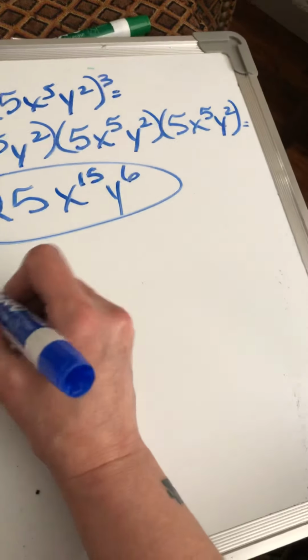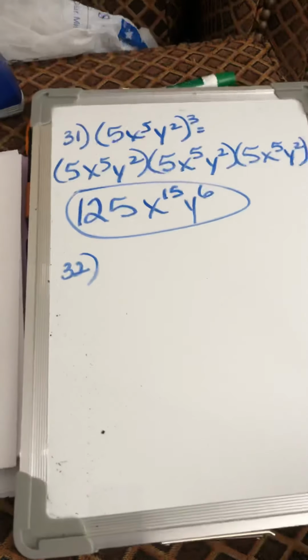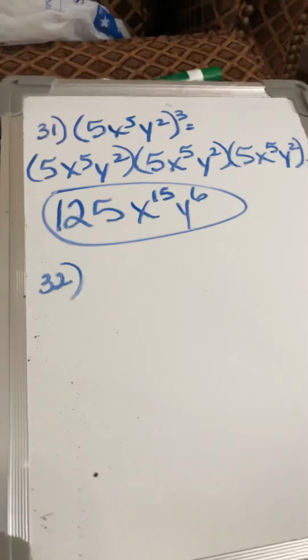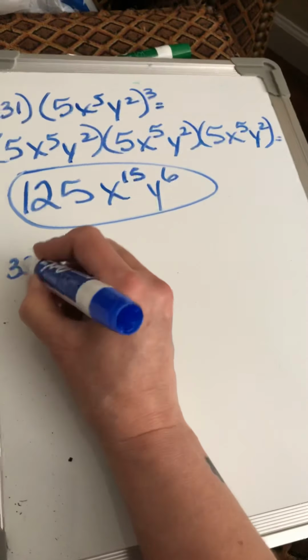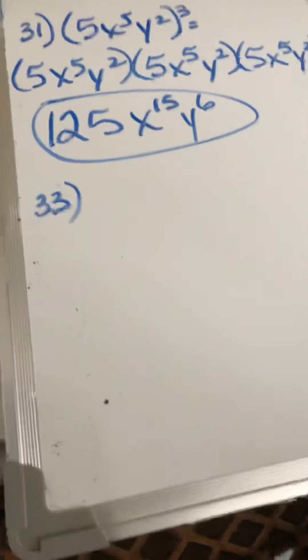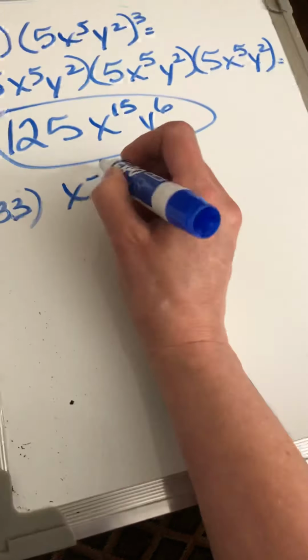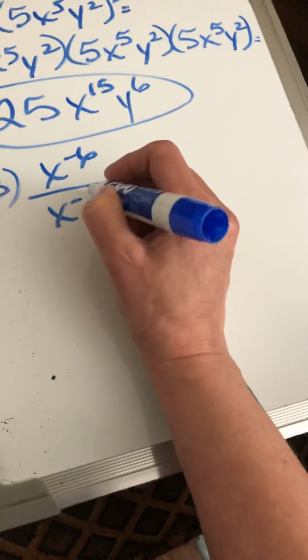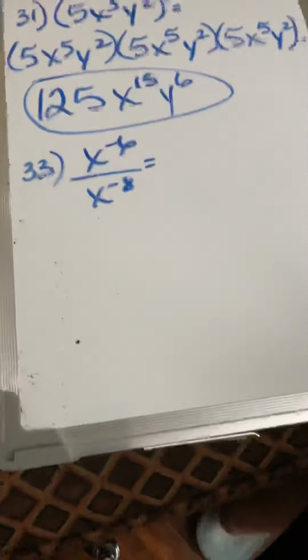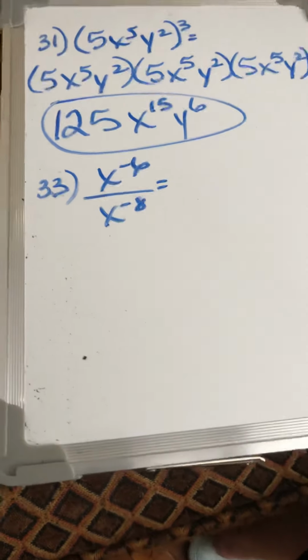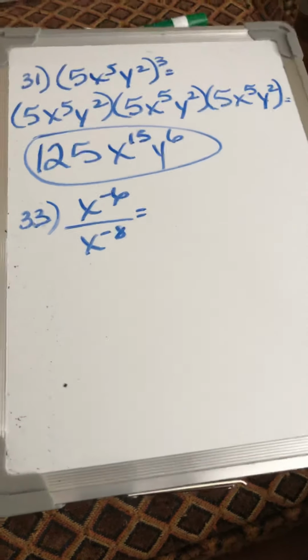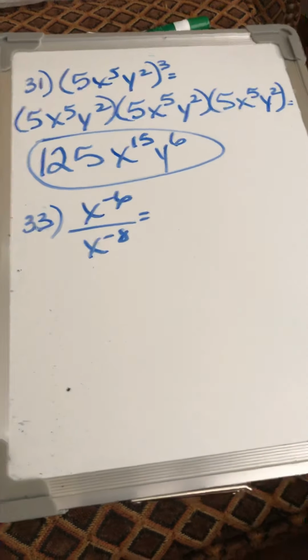32. Not 32, 33. Well, hopefully you've seen by now that if you have a negative exponent, that's a red flag. That means that that number of x's are in the wrong place, basically.